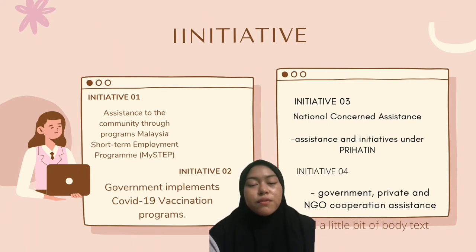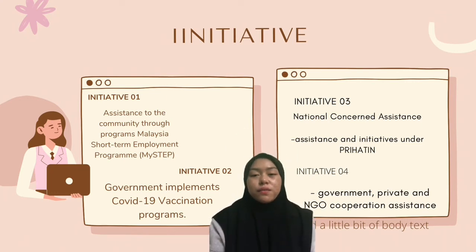The people can also enjoy various assistance under the Prihatin Rakyat economic stimulus package announced by Muhyiddin last March. The two packages total RM215 billion to protect the people, support business and strengthen the economy in the face of the effect of the COVID-19 pandemic.